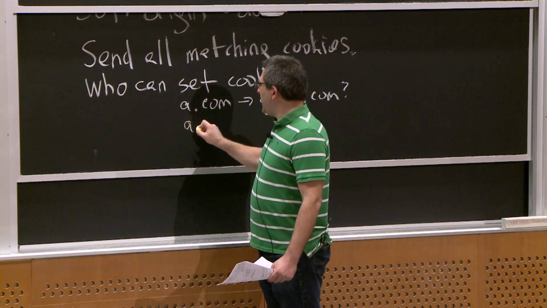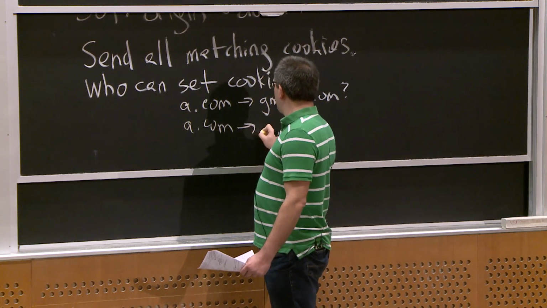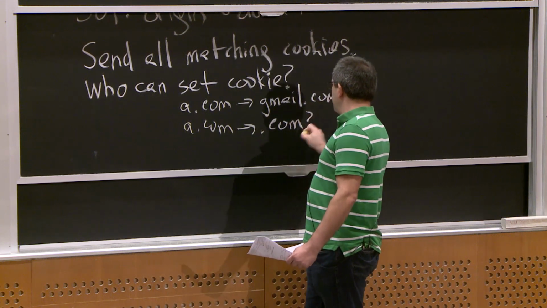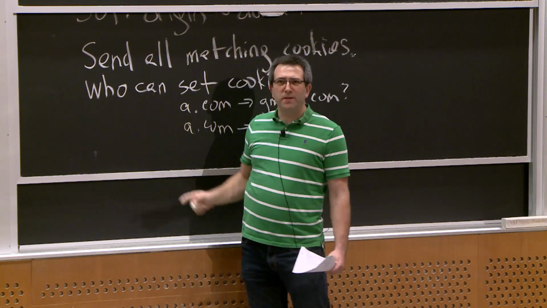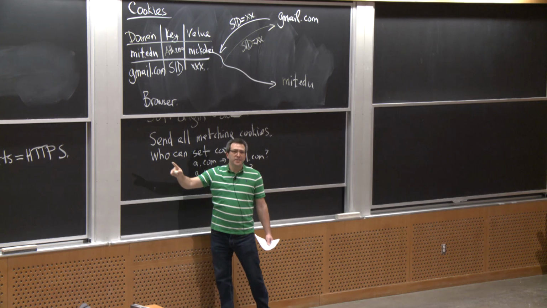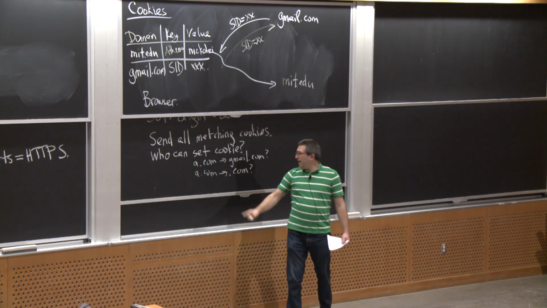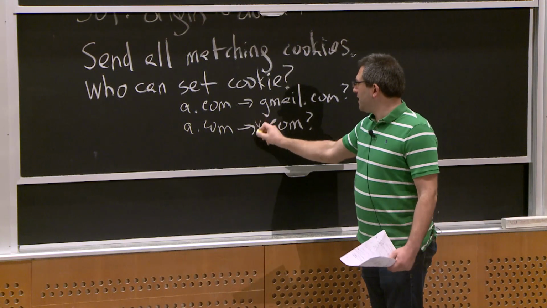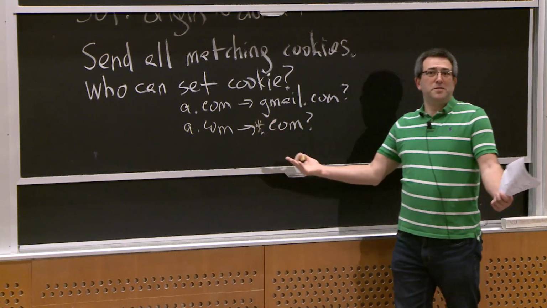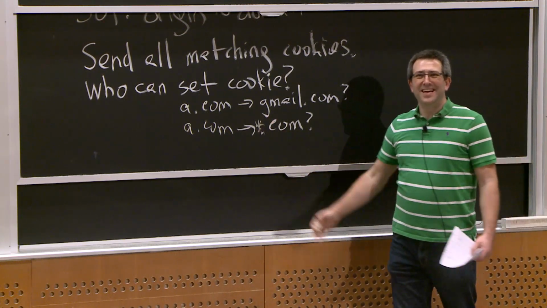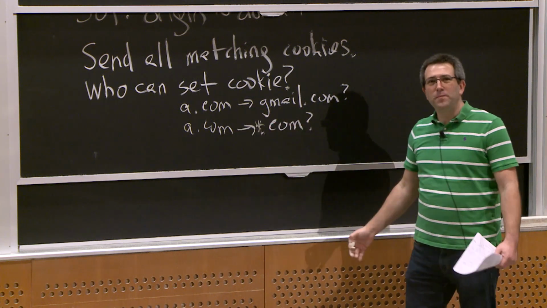What about a.com being able to set a cookie for .com? One thing I didn't mention here, but you probably picked up from the reading, is that these domains are actually suffixes. So they're like star.mit.edu, star.gmail.com. A.com could set a cookie for basically star.com. Seems almost legitimate. .com is a suffix of a.com.